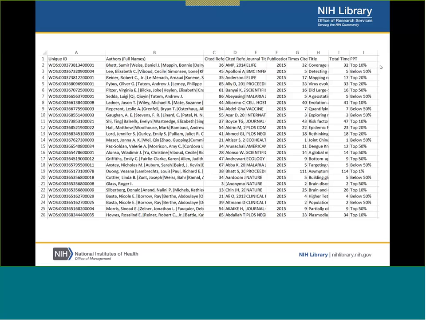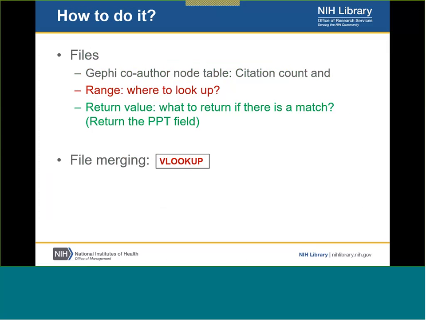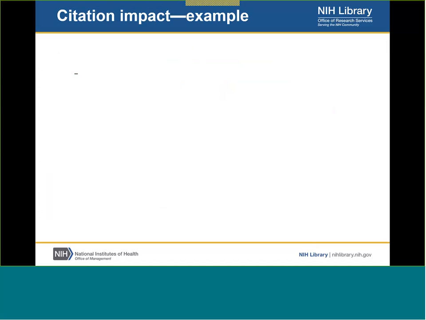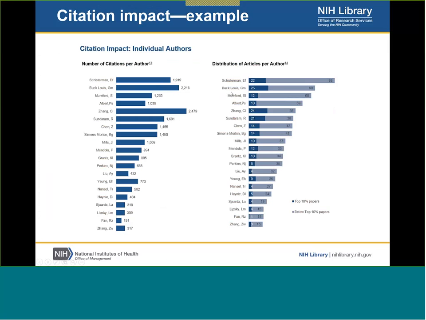Once you have these, you can find the authors, and then build your charts. Remember, the charts look like this. For example, if there are 22 Schisterman in the top 10% papers, then he has produced 22 papers that are ranked as top 10% papers.